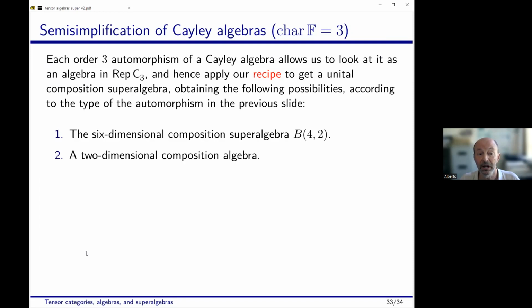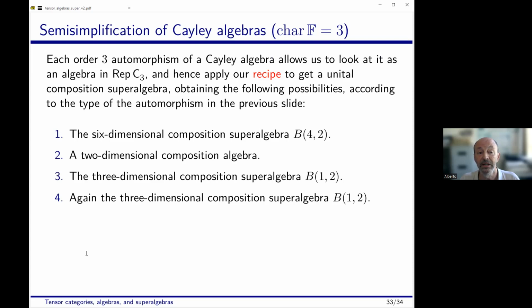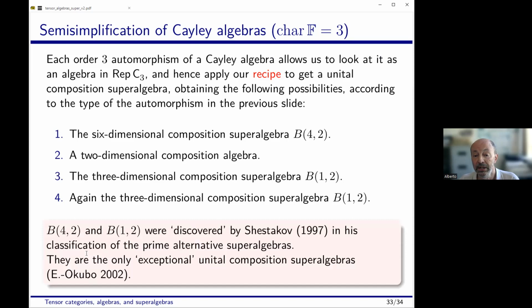And in this way, one gets 2 different composition superalgebras, the B42 and B12, that appear for the first time in a paper by Shestakov, where he classified the prime alternative superalgebras, and they were shown to be unital composition superalgebras and to be the only unital composition superalgebras in a paper with Okubo. So what happens is that one can semi-simplify Cayley algebras to get composition superalgebras.